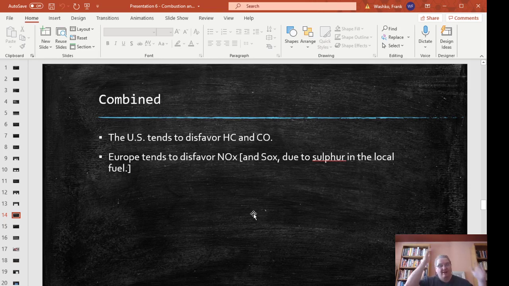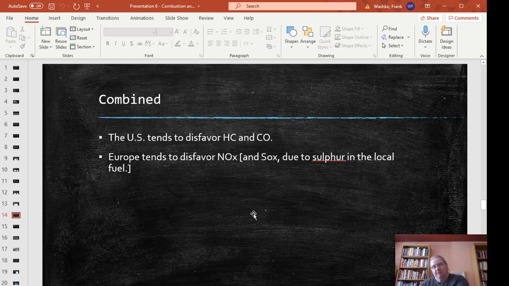People talk a lot about smog, and that's unburned hydrocarbons, so that could be why the U.S. focused on that. Europe, on the other hand, was focused on the NOx problem, and I'm not so sure what the history is there, but they are more biased towards controlling NOx versus HC and CO.